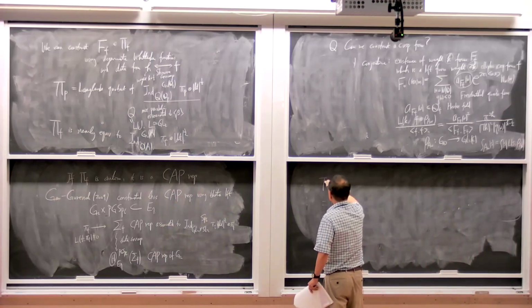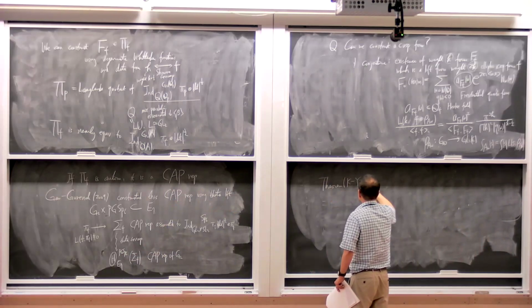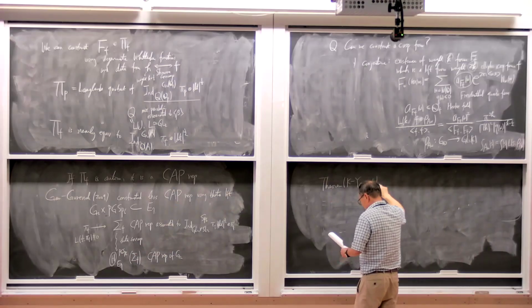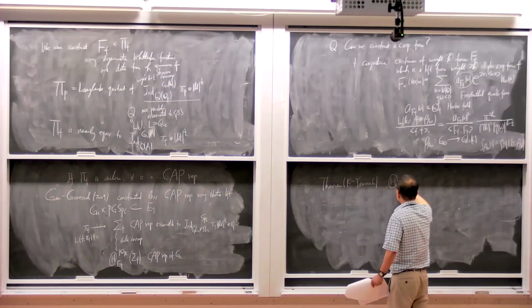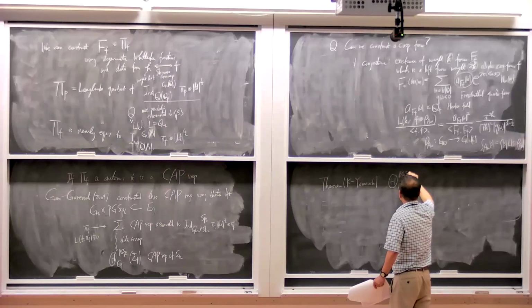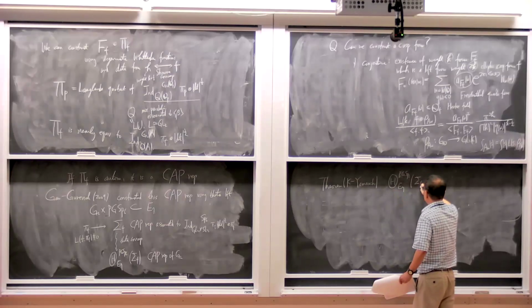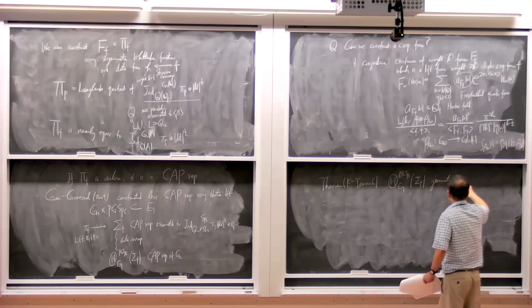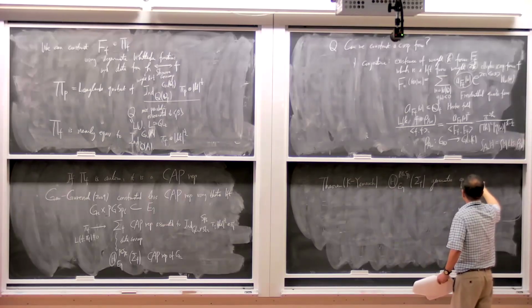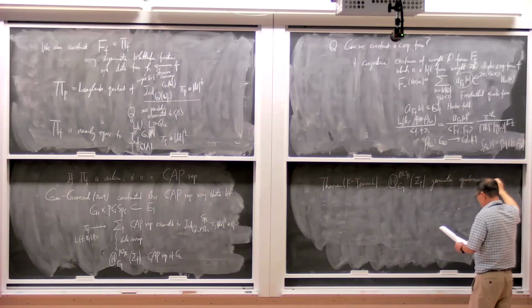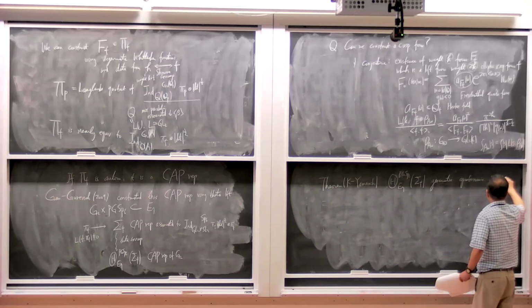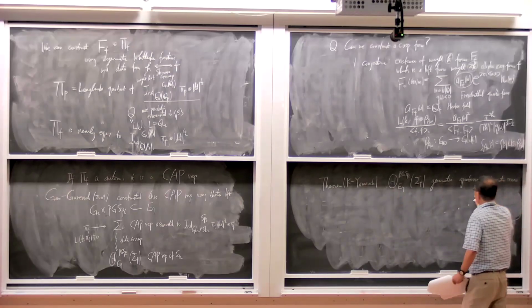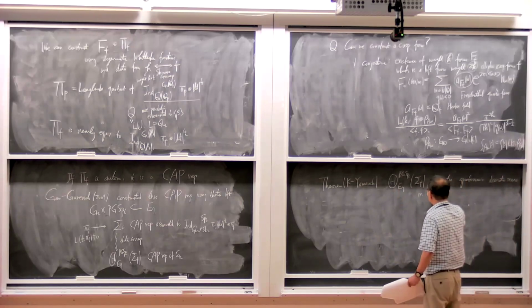So the theorem is that this generates a quaternionic discrete series. We show this in the level 1 case.